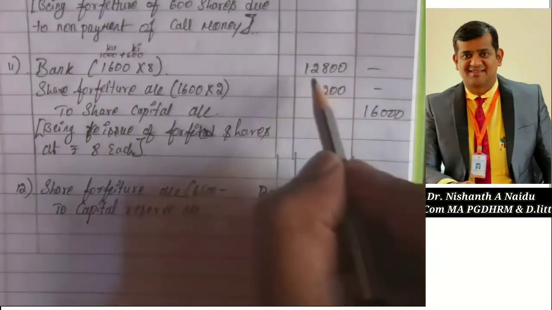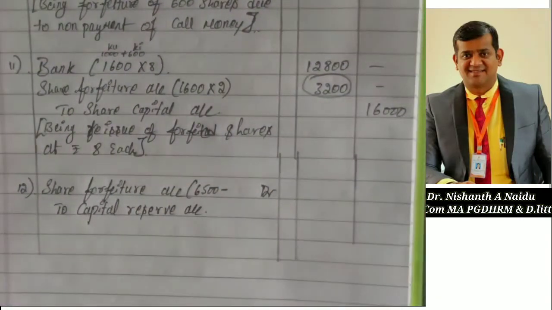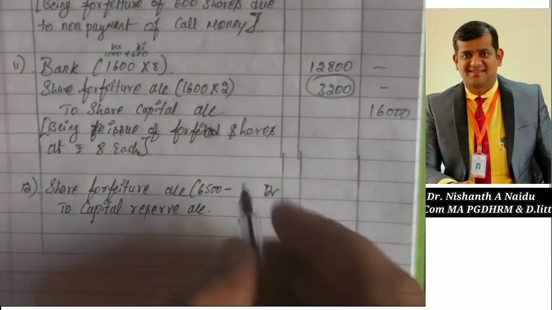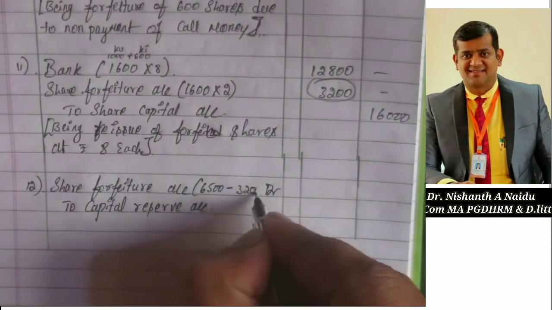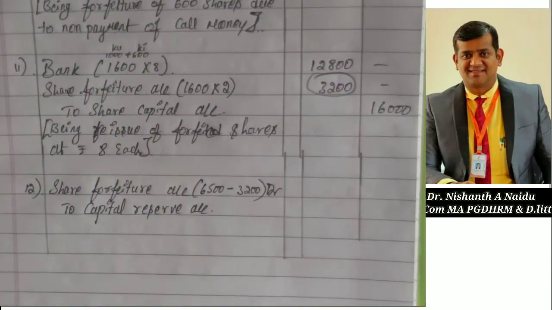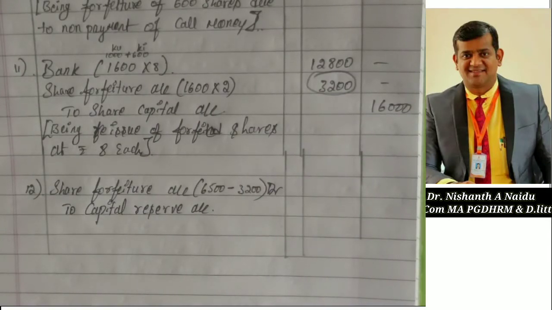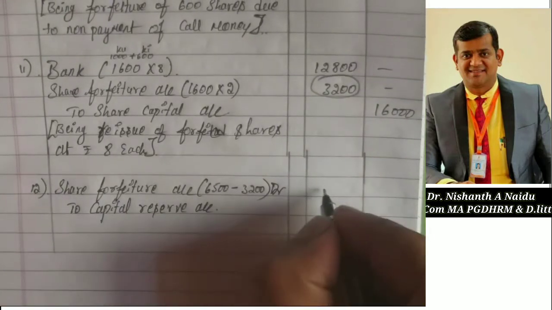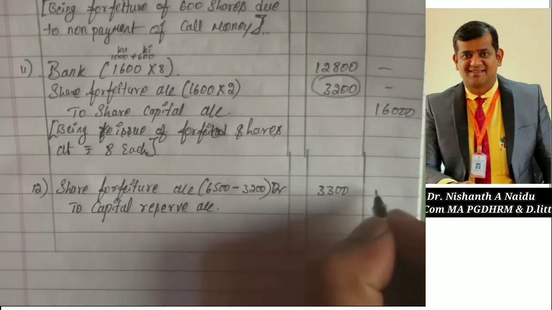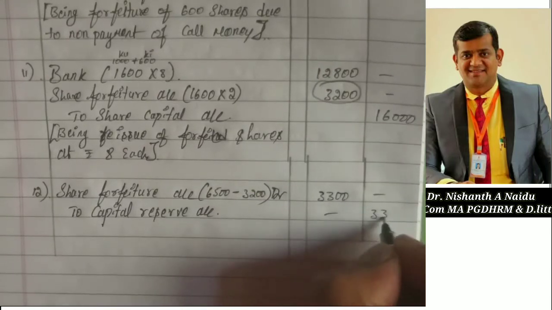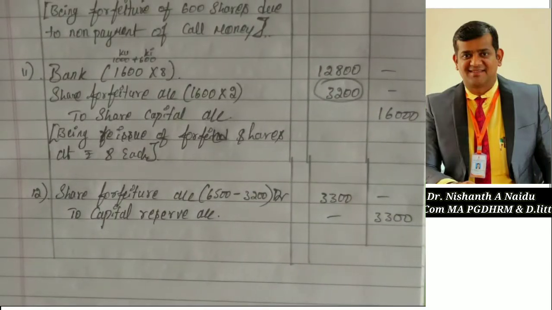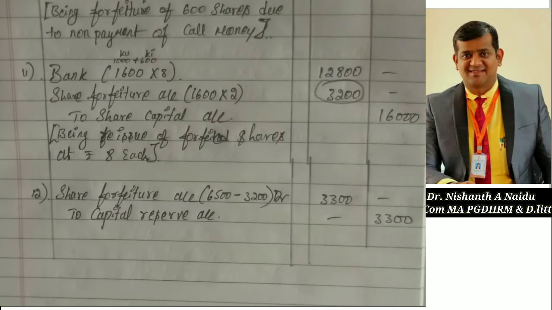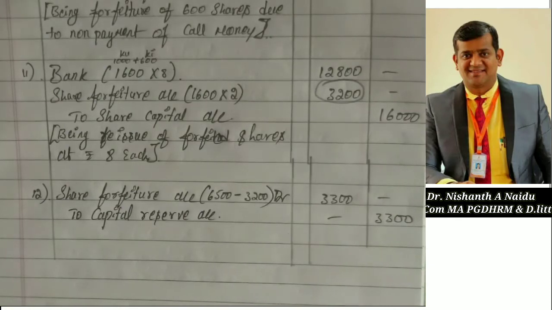So that is 3,200. If you deduct, how much are you going to get? 6,500 minus 3,200. So you are going to get 3,300 rupees. 3,300 on both sides.